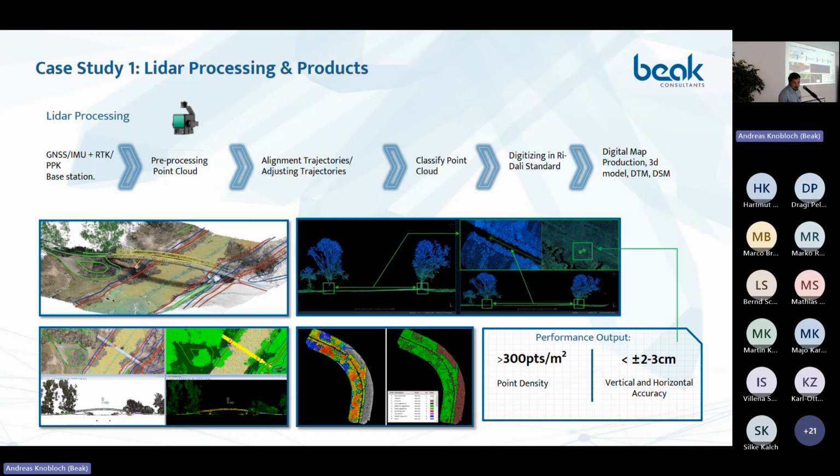We used 5 returns of the laser from the LiDAR to get to bare earth conclusions, and everything was digitized in 3D using the RIDALI standard, which is the standard for waterway drawings. At the end we produce the digital maps and 3D models, DGM and DCM models.